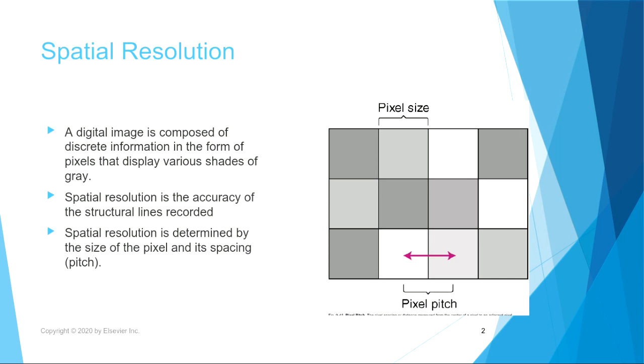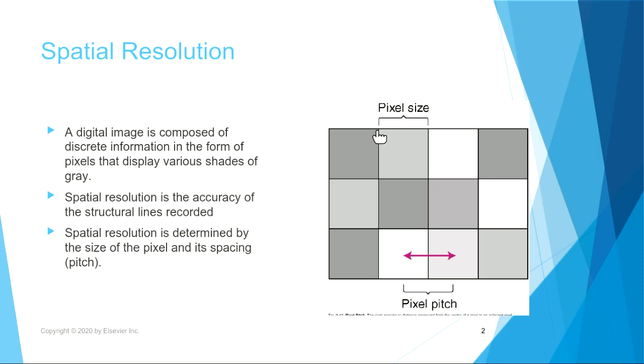When we talk about spatial resolution, it's the accuracy of the structural lines that are recorded, and it's determined not only by the size of the pixel, but its spacing, which is your pixel pitch. The pixel spacing, or the distance measured from the center of a pixel to the center of an adjacent pixel, determines your pixel pitch.